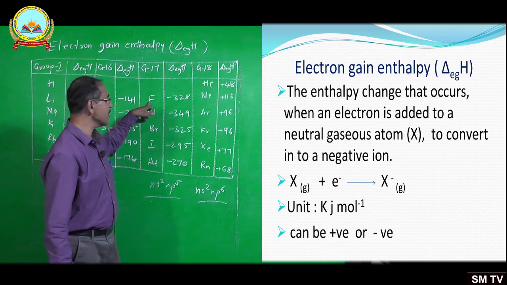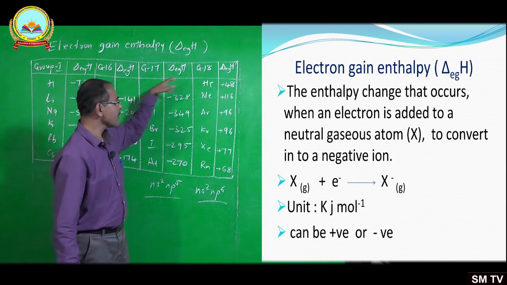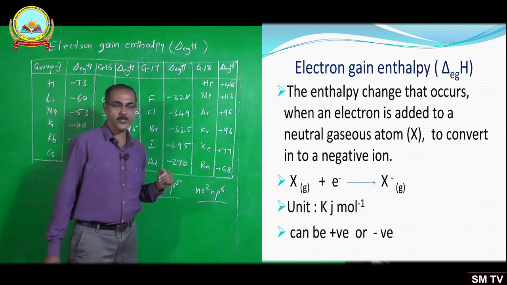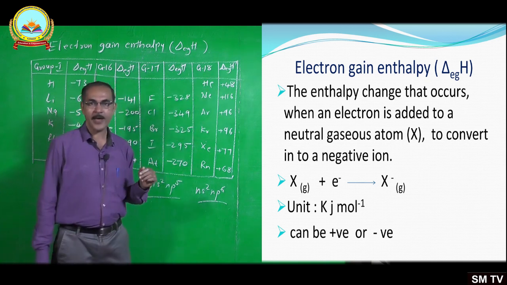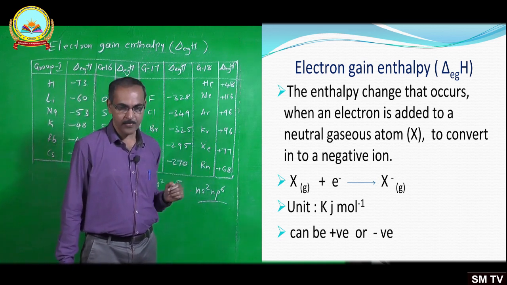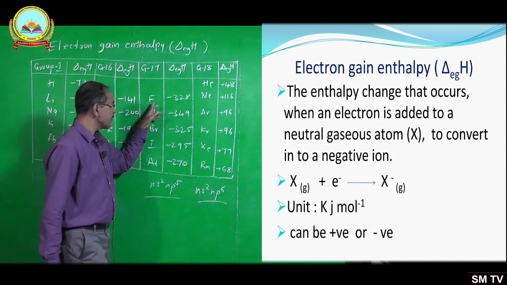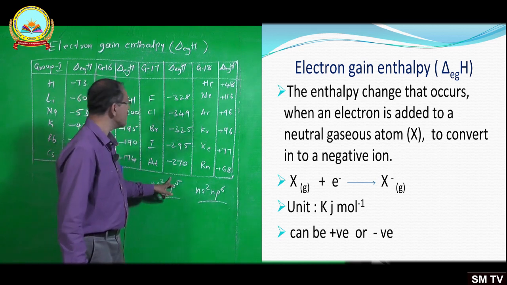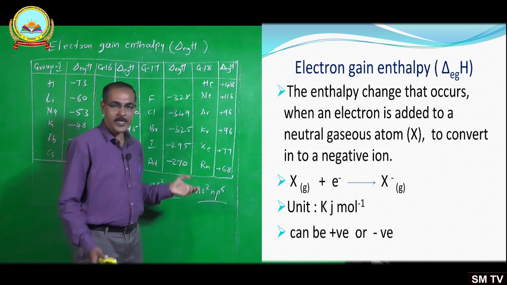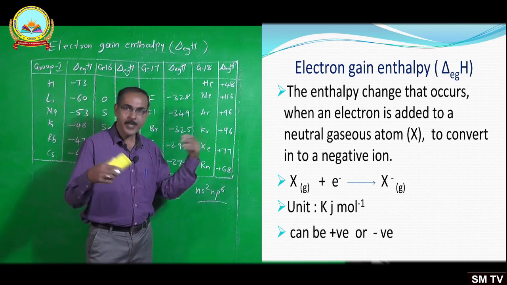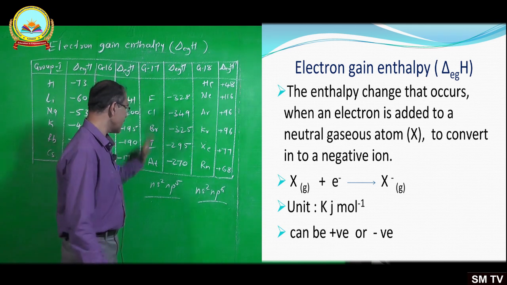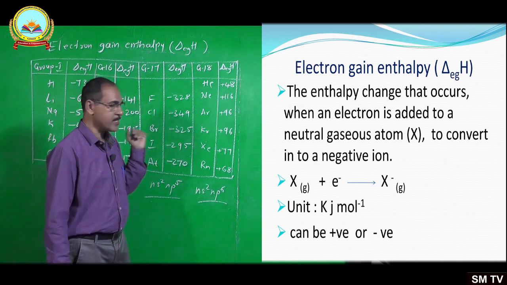For example, if fluorine gets an electron, it attains the configuration of neon, a stable configuration. You know, the inert gases have a stable electronic configuration, which we call the octet configuration. Therefore, the elements of group 17 always try to gain an electron to attain stability.